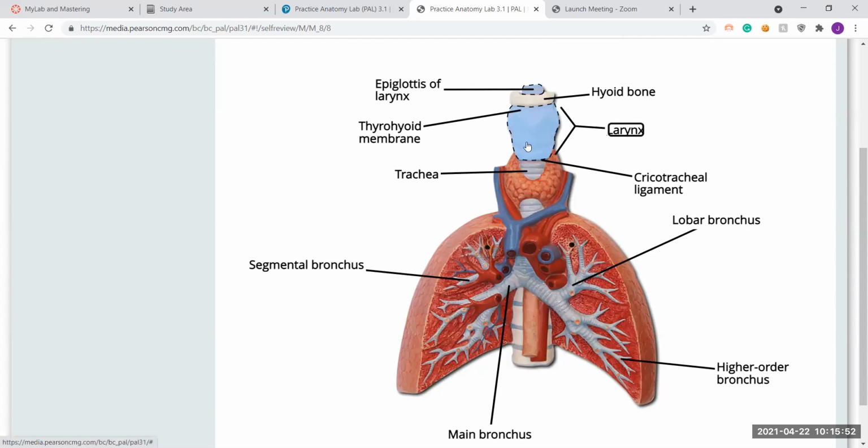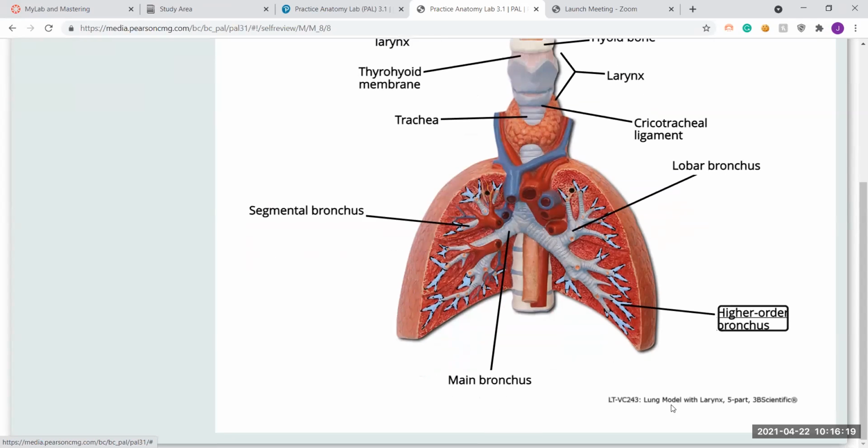So how does the trachea ultimately break down? You see, it branches. This is the main or primary bronchus, and then secondary or lobar bronchus, and then segmental bronchus, and then higher order bronchus, terminal bronchus, respiratory bronchioles, then bronchioles.